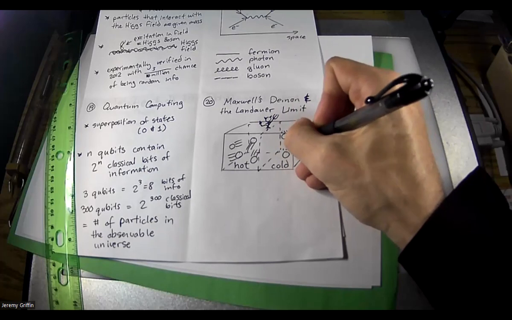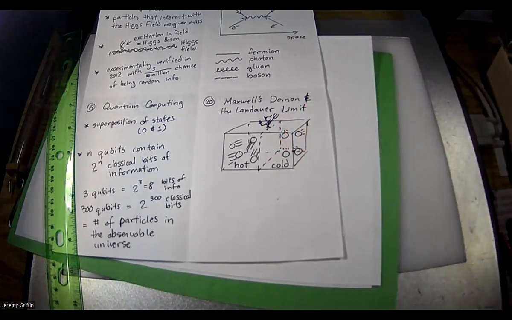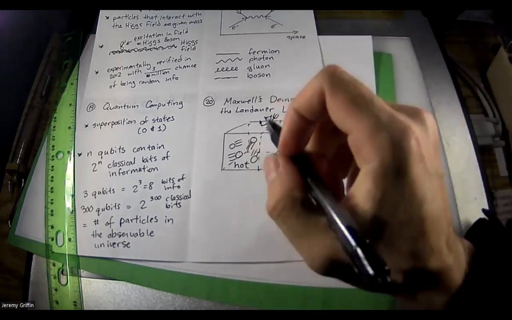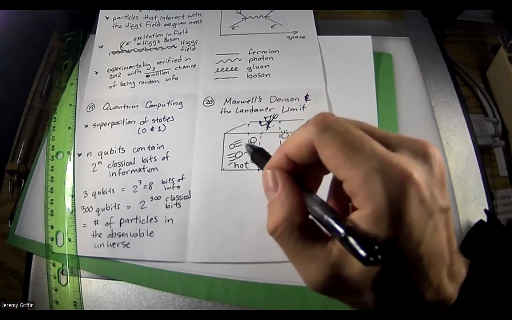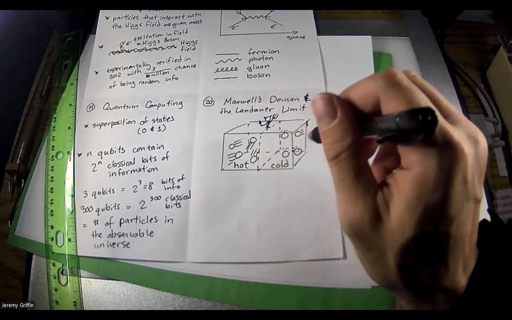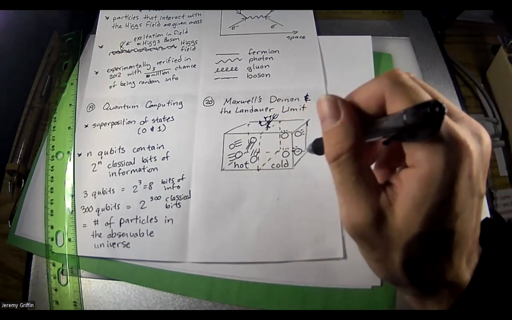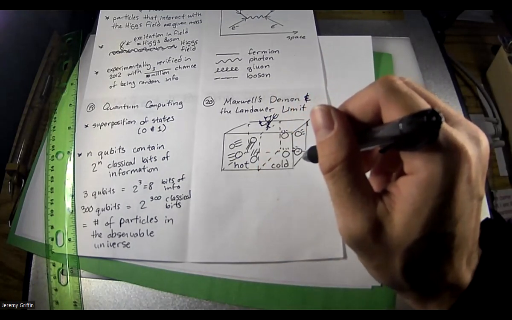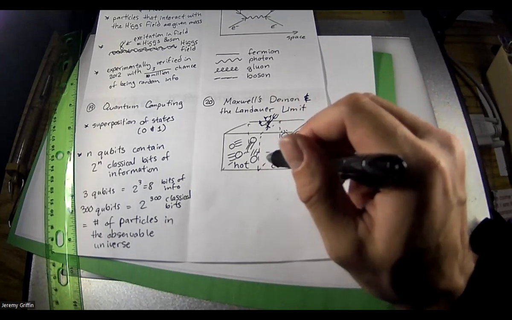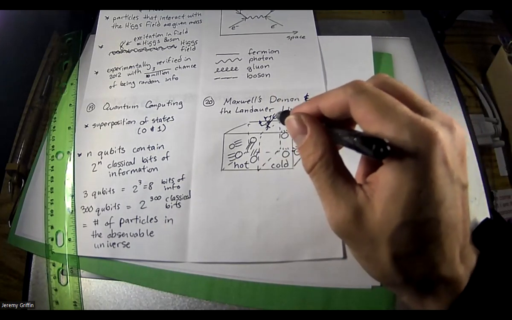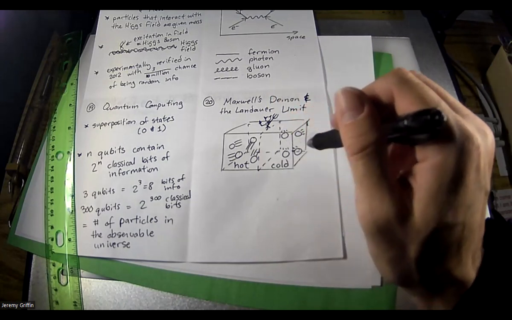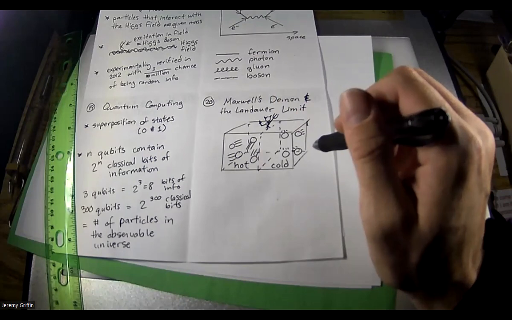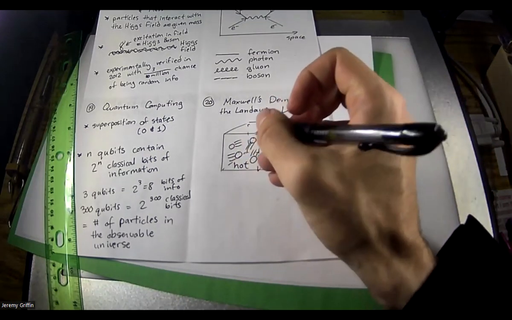Now, if you remember the kinetic theory of temperature, then you remember that if something is really hot, that's associated with fast moving atoms, fast vibrating atoms. And if something's really cold, then the opposite, that's slow moving atoms. So what this character has effectively done is create a refrigeration system, not expending any energy, but only using information.